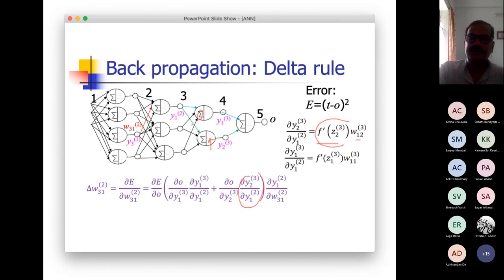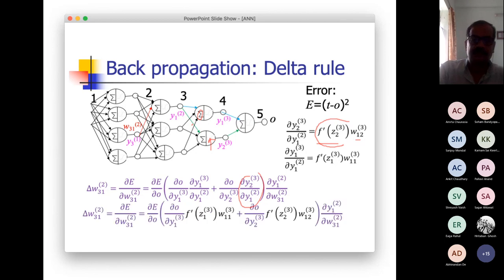This weight is W123, so you are multiplying this. In the same way, you are doing this. So we write it in this form, and this is how the computations are carried out.